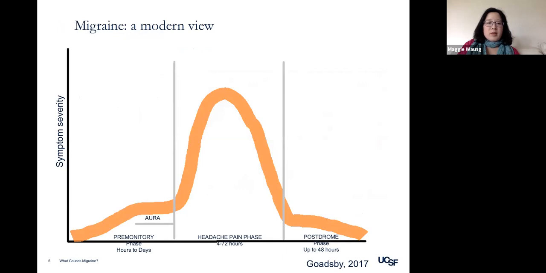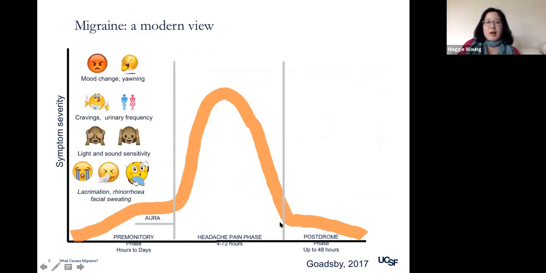Just to summarize that, this is a plot over time of headache and how we think about headache now. We know it's not just head pain, but it can start off with mood changes, cravings, going to the bathroom more frequently, or runny nose, tearing of the eyes, and those can all be symptoms that come on even before the headache starts.